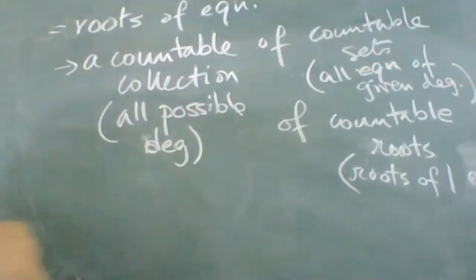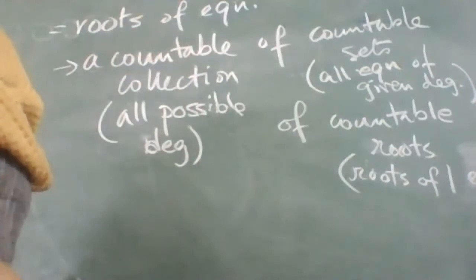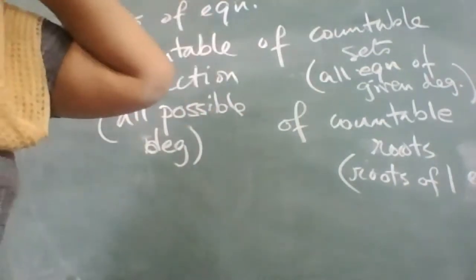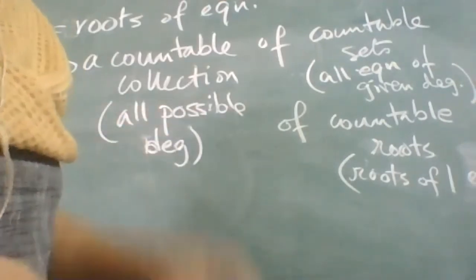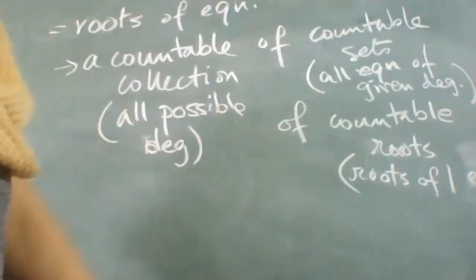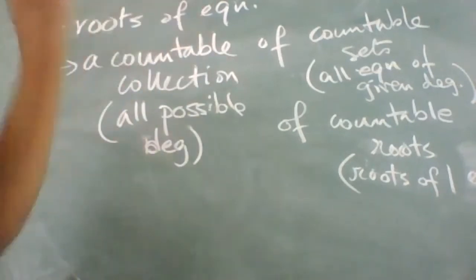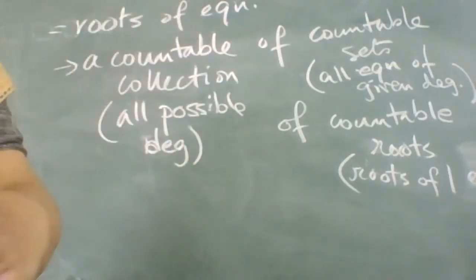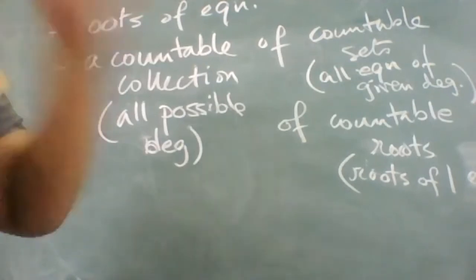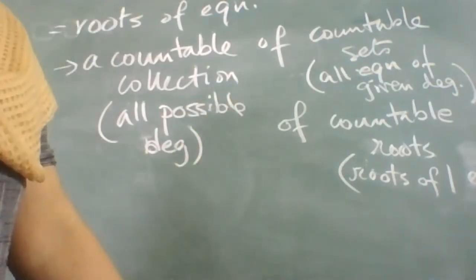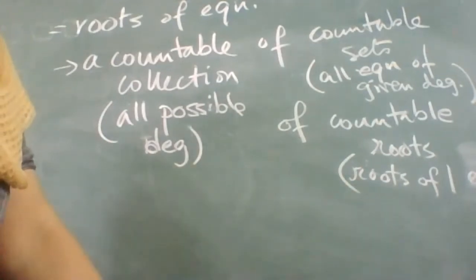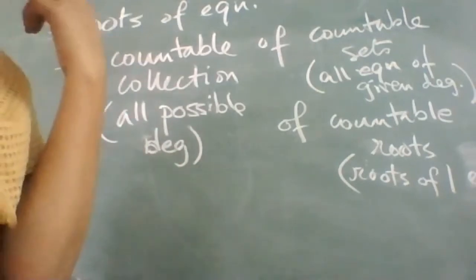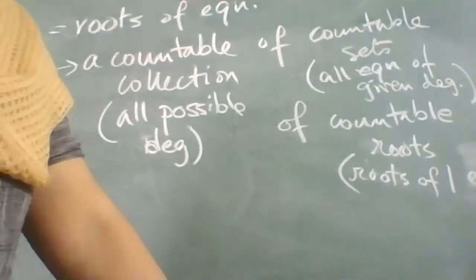So you can have the equations will be, I mean, 0 degree won't work, right? Then it's not an equation at all. 1 degree equations, something like ax plus b equal to 0, that will basically be all the rational numbers. Then you get ax square plus bx plus c equal to 0. And you use the Sridharacharya formula for the roots of quadratic equations, that actually will generate all possible constructible numbers.